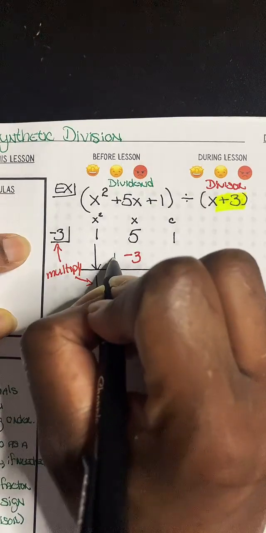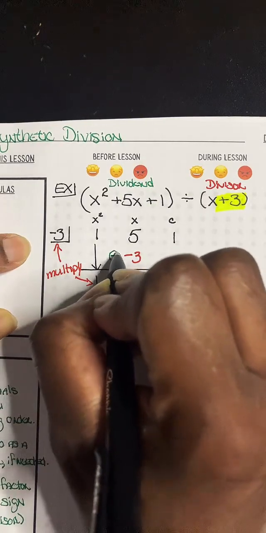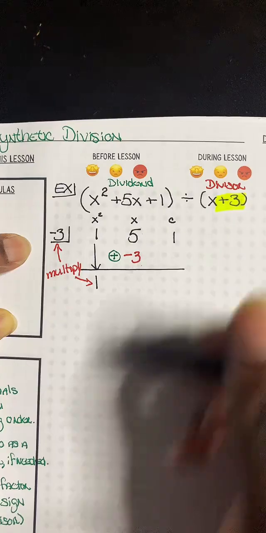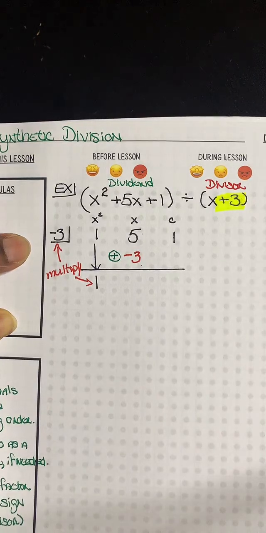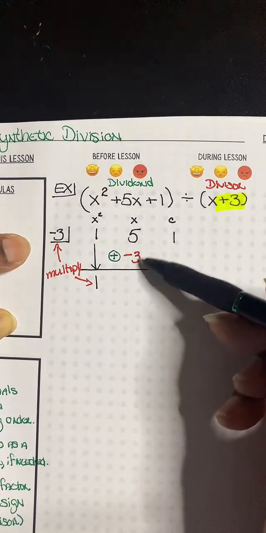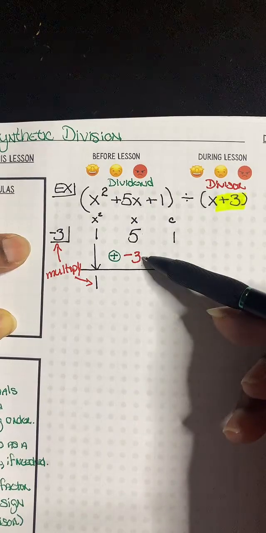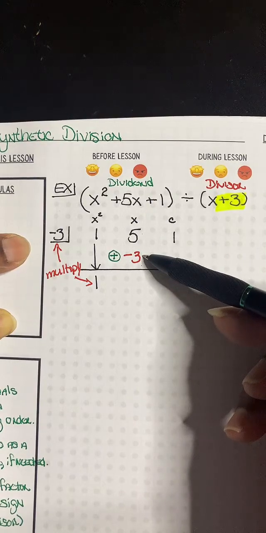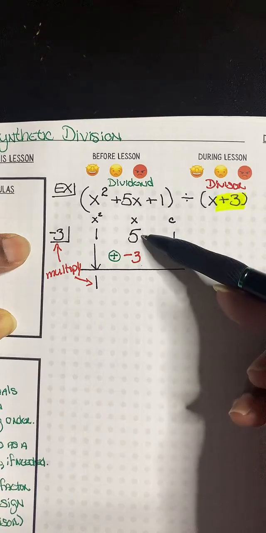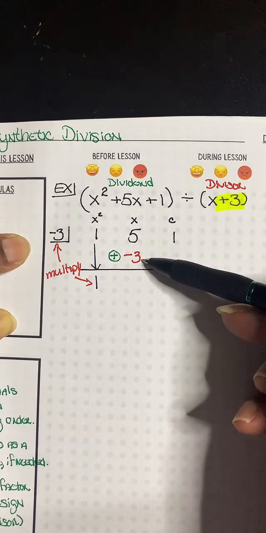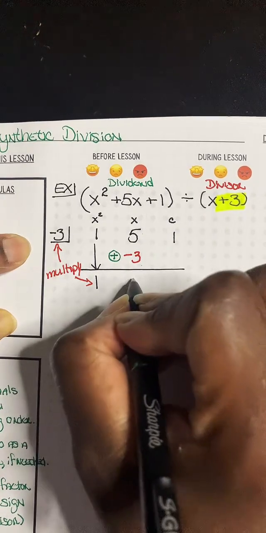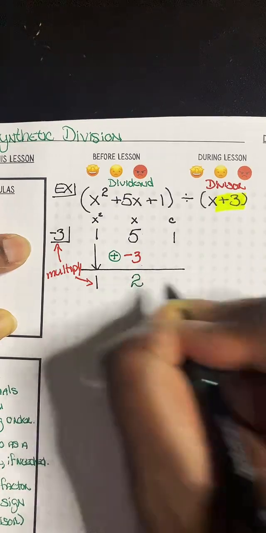So now what I do here is I add these two together. Since the signs are opposite, that means I'm really subtracting. Think about it. If I have $5 and I spent $3, that means I have $2 left.